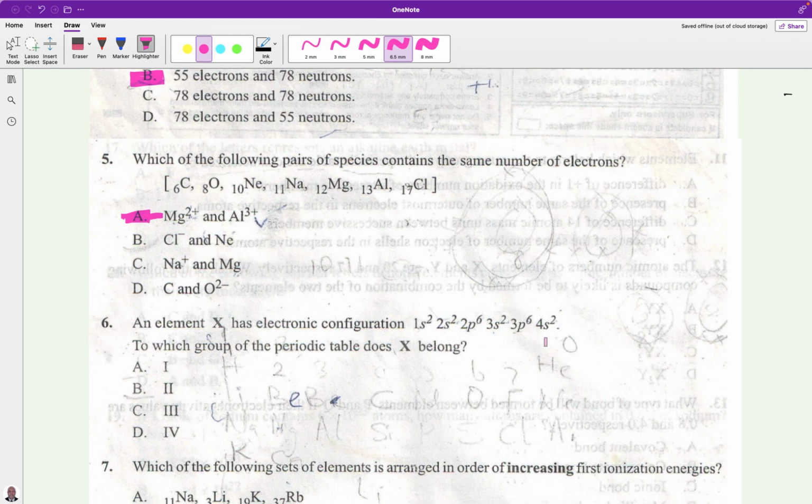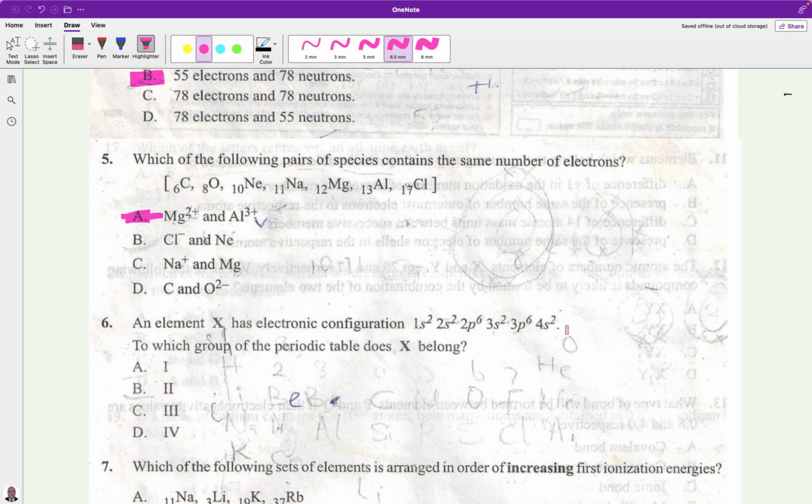It should be remembered that the last electron is in the s orbital. All elements where the last electron ends in the s orbital belong to the s block, and all of the s block are what we call metals, group 1 and group 2.